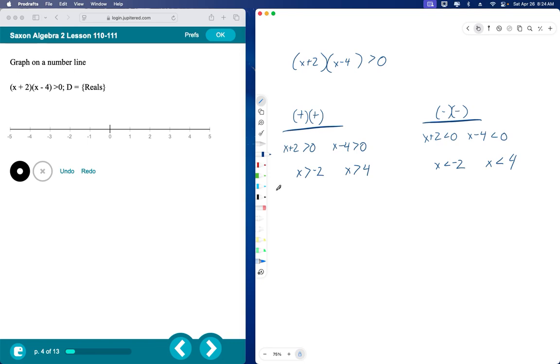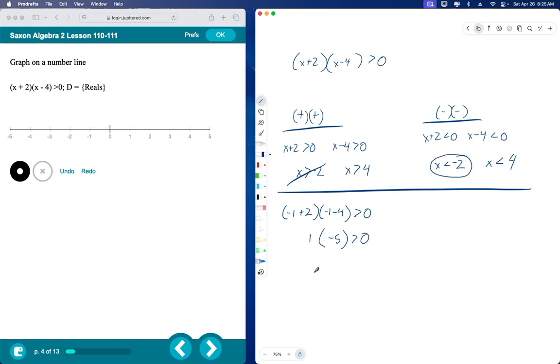So we just test, figure out which one is true. Greater than negative 2 would be a negative 1. So negative 1 plus 2, negative 1 minus 4, greater than 0. Negative 1 plus 2 is 1 times negative 5. That is not greater than 0. So it's not that one, which means it has to be this one.